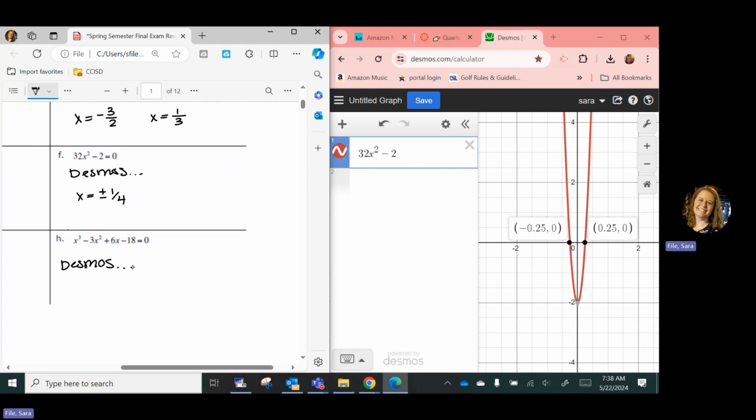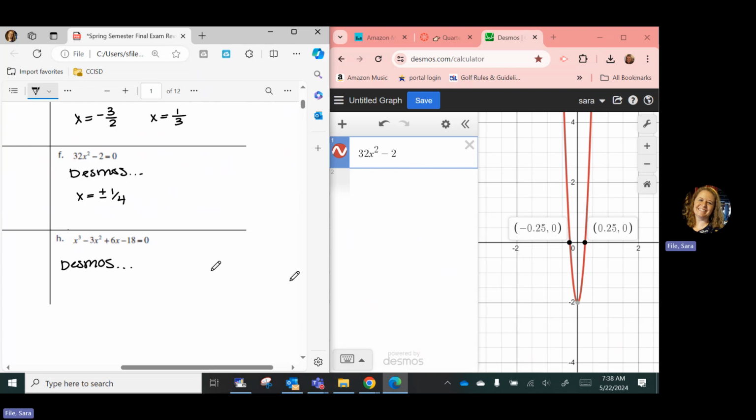Okay, I'm going to go ahead and do that with this one as well. Now this one is a cubic, okay? It's not a quadratic, but you solve them the same way with factoring or by looking at the graph. So it doesn't matter what level polynomial it is, squared, cubed, the 4th, 5th, 6th power, any polynomial, any type of function, you can just look at the graph and find the x-intercepts if you're asked to solve.